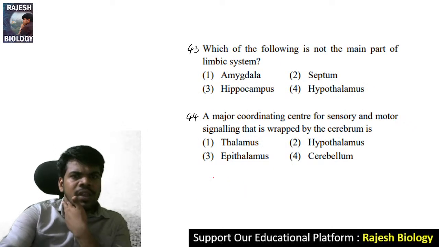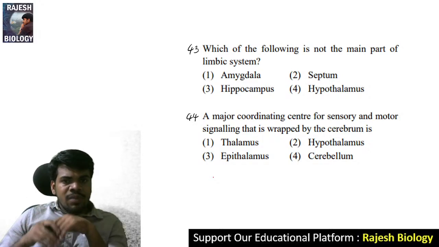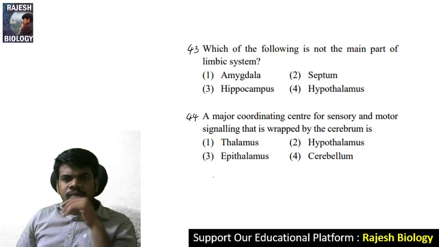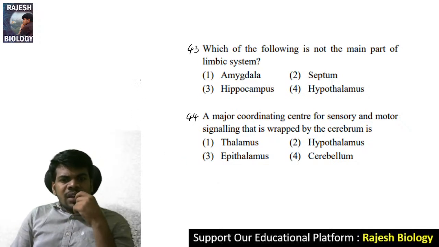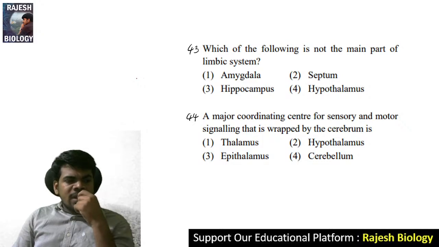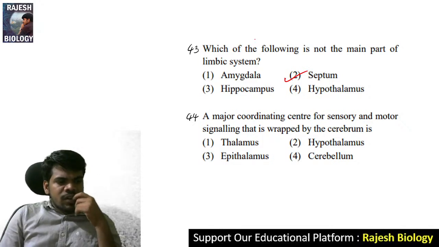Come to the 43. Which of the following is not the main part of the limbic system? The limbic system contains amygdala, hippocampus, hypothalamus. So automatically septum is not a part. 43.